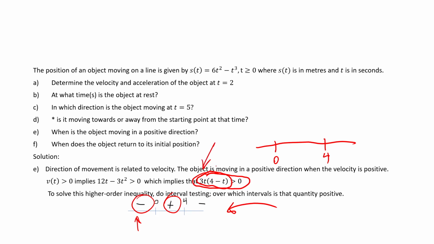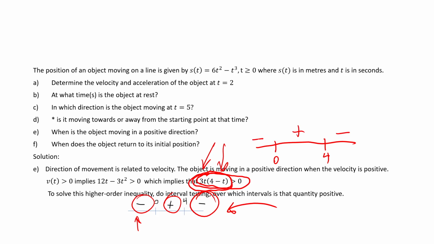Then I plug that value in for both the 3t and the 4 minus t, and I see if I get a positive or negative result. We see here I get a positive result. And finally, I can let t be any value to the right of 4. Let's say I let t equal 5. If I let t equal 5, then 3t is positive, but 4 minus t is negative, making my overall result negative. And so I get the result shown in the number line at the bottom. And so I've got a negative, positive, and a negative.